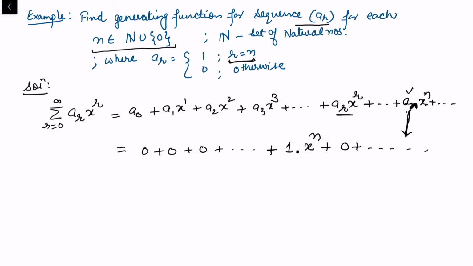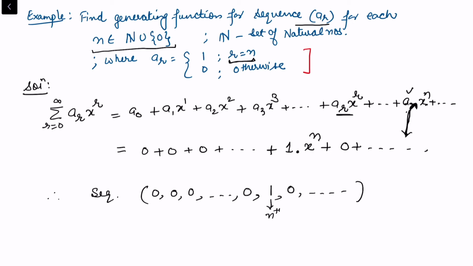We can see that this gives rise to a sequence. If I extract the sequence from here, it is of the type 0, 0, 0 and so on, then 1, and then again a continuation of 0. Only at the nth position do I have a single 1.